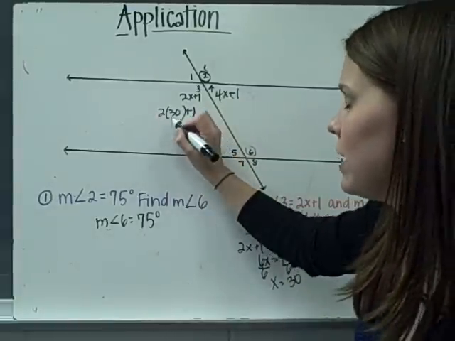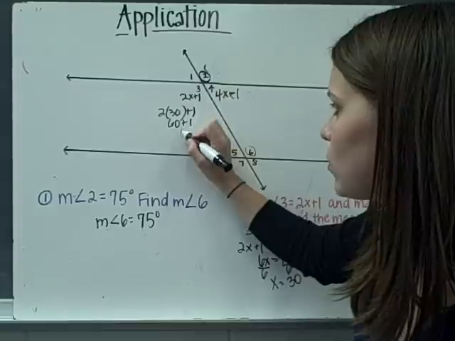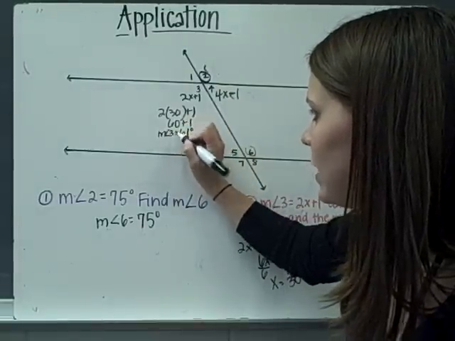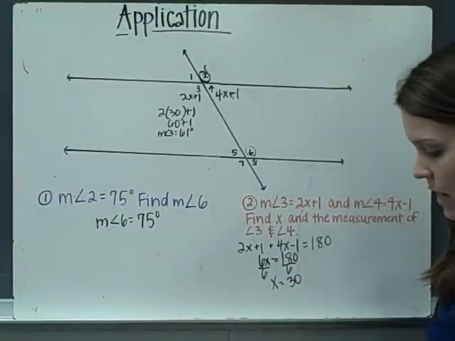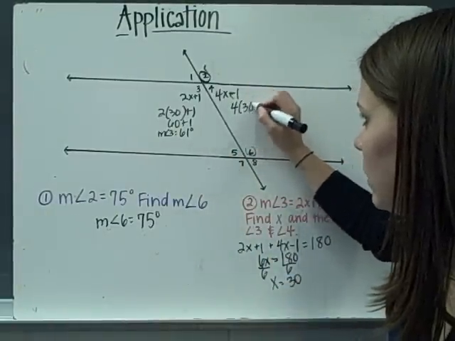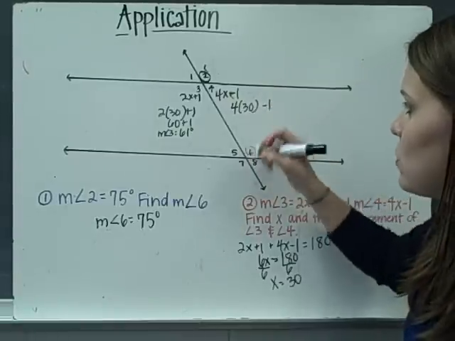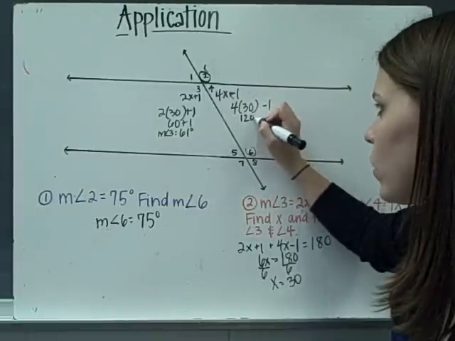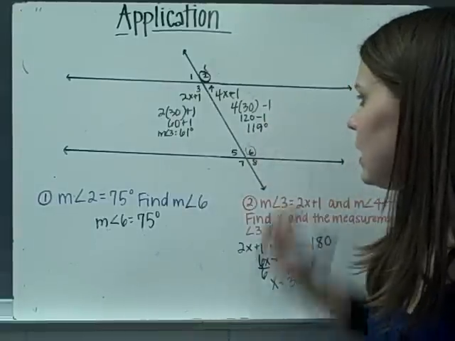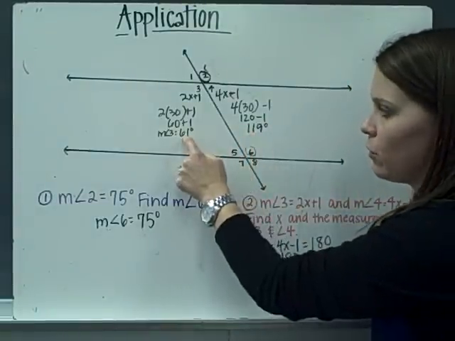Well, 2 times 30 gives me 60, plus 1 is 61. So the measurement of angle 3 is 61. Same for angle 4. We would say 4 times 30 minus 1. Well, 4 times 30 is 120, minus 1 is 119. So now we have the measurements of angles 3 and 4.